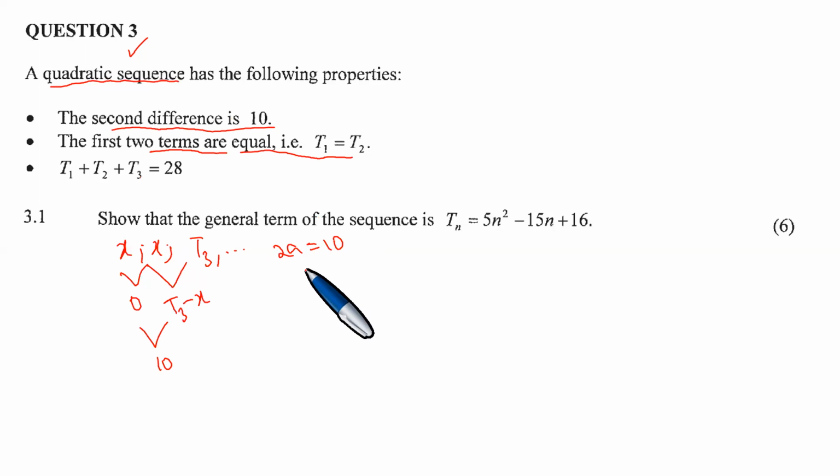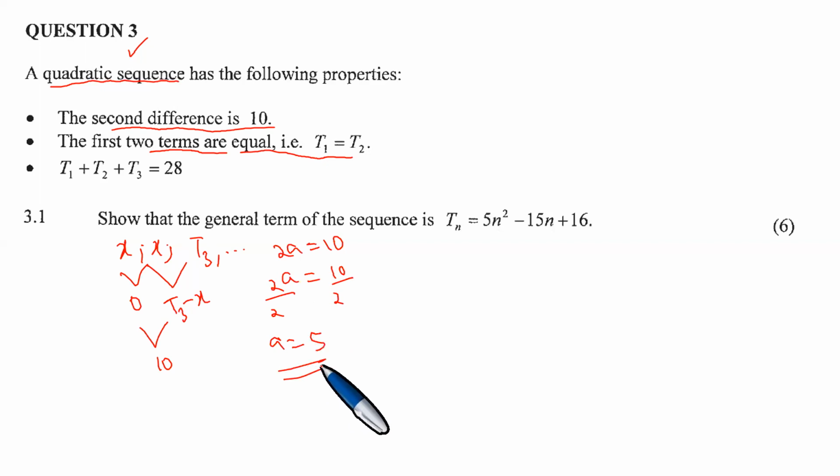Right, so if 2a equals 10, because that is the second difference, you divide both left and right by 2. Whatever you do on the left must be done on the right, which means you get 5.